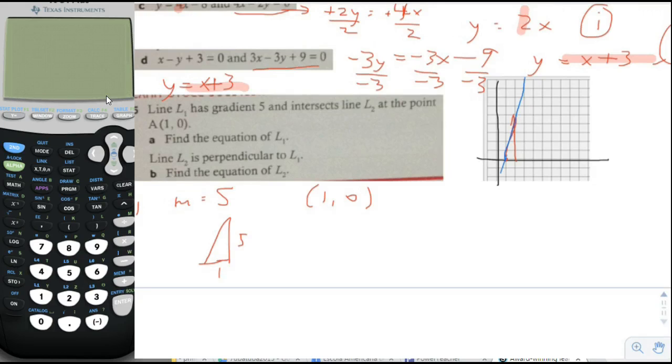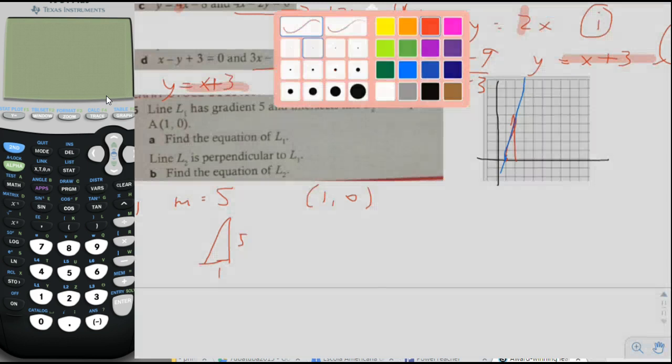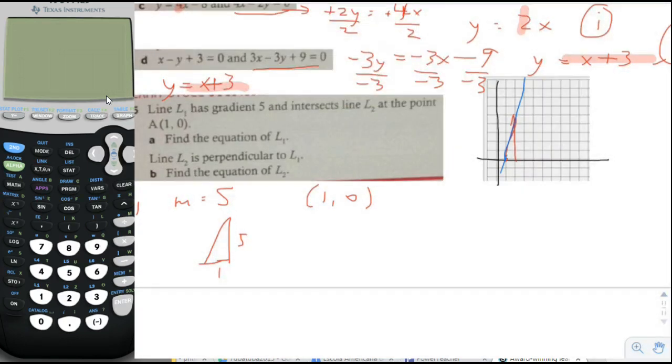So what is the equation of this line? Well, we already have one point. It's (1, 0). Let's find a second point. Well, we just found a second point by constructing this triangle that's 5 high and 1 across. We know that there's a second point at (2, 5). Now we can put both of these points into the calculator into stat edit.